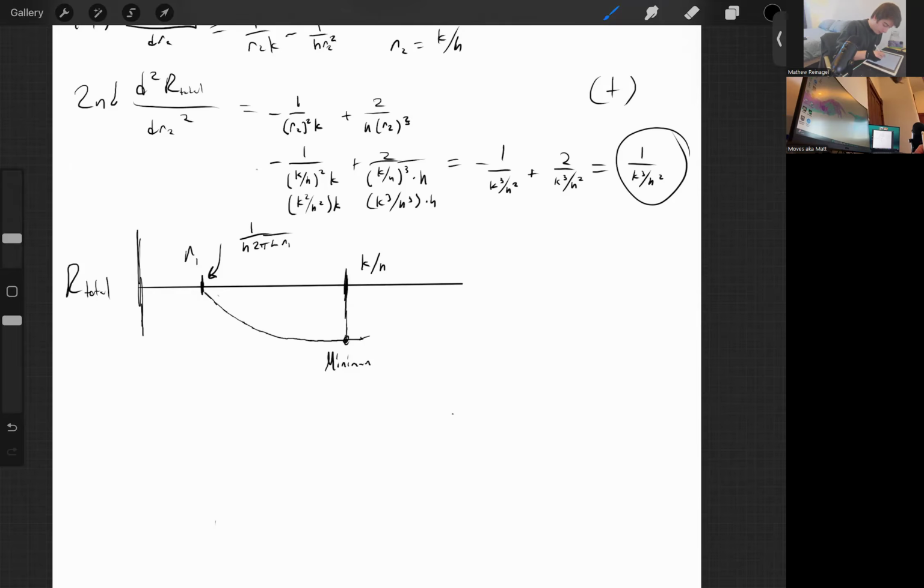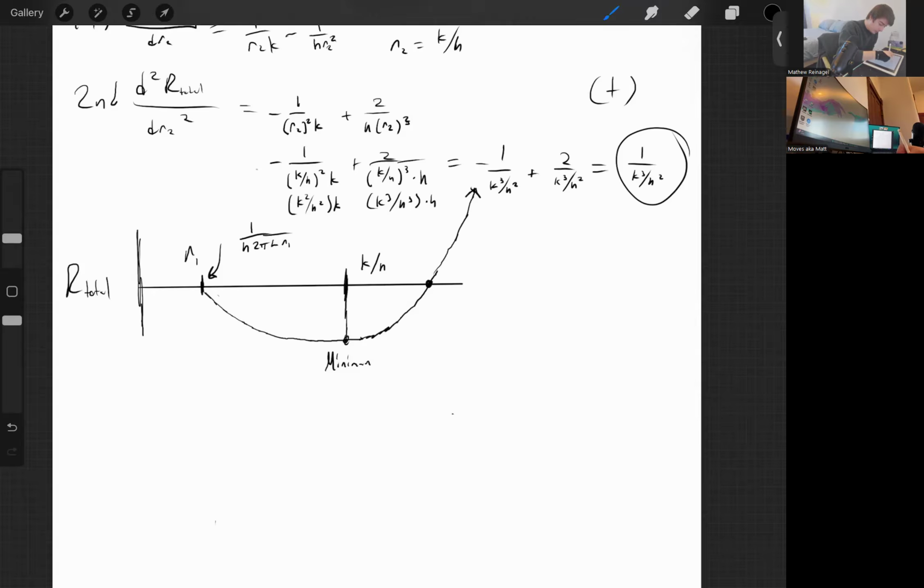So what we need to realize is that this is the minimum value, so it can only go up from this point. That means there comes a point where eventually we've intercepted our original total thermal resistance.